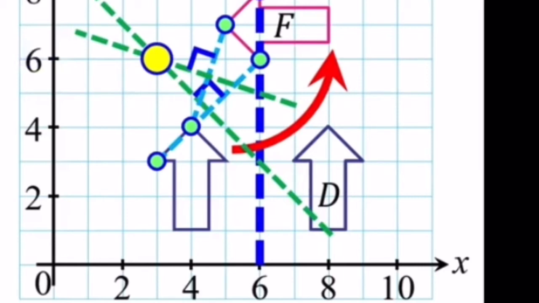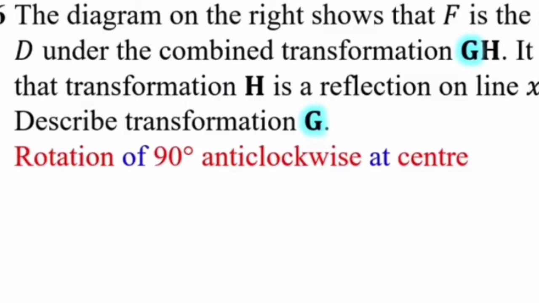All right, so you will be given 3 marks in the SPM exam if you write like this. Make sure you have 3 important points: rotation, the direction and the angle, and the center of the rotation. Okay, so let's proceed to the next question.